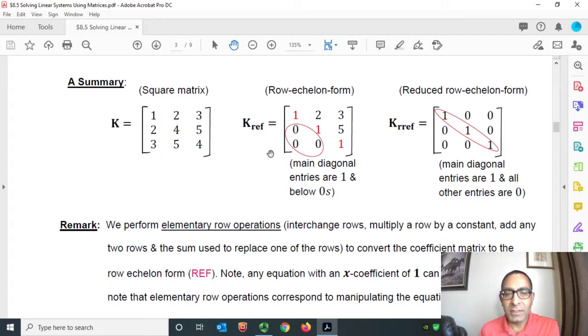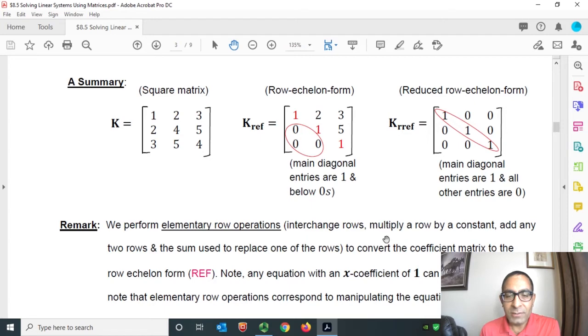And next, this is the matrix in row echelon form, where diagonal entries are 1 and below the diagonals we have zero entries. And in the third one, the diagonal entries are 1 and all other entries are zeros. So this is the matrix in reduced row echelon form. I hope this makes sense to you all.